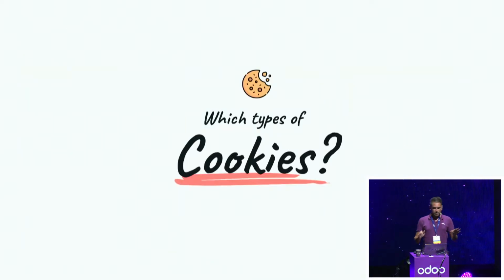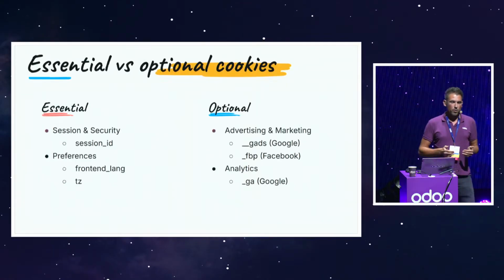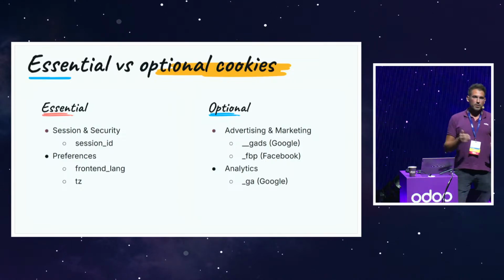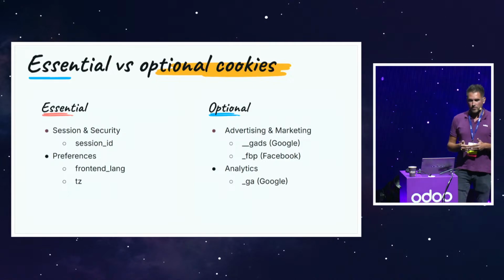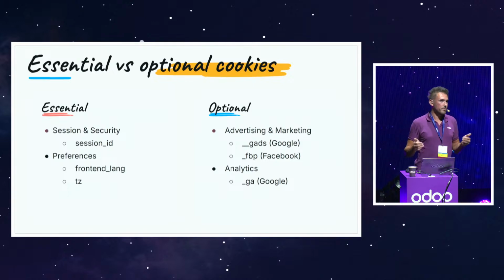Enough technical stuff. Let's talk about the different types of cookies that exist. In general, we differentiate between essential cookies and optional cookies, or first-party cookies and third-party cookies. On the one hand, we have the first-party cookies, which are the essential cookies. Here we differentiate between session and security cookies.